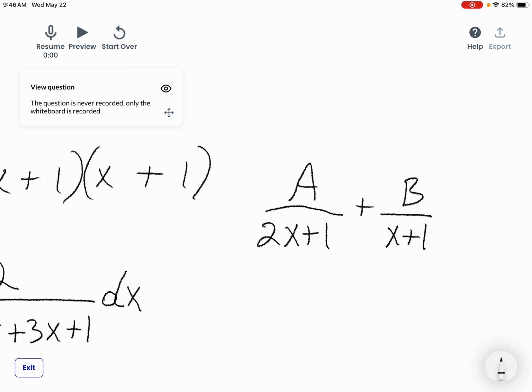But since we already have a 2x plus 1 in a over 2x plus 1, we just multiply a by x plus 1 over x plus 1.